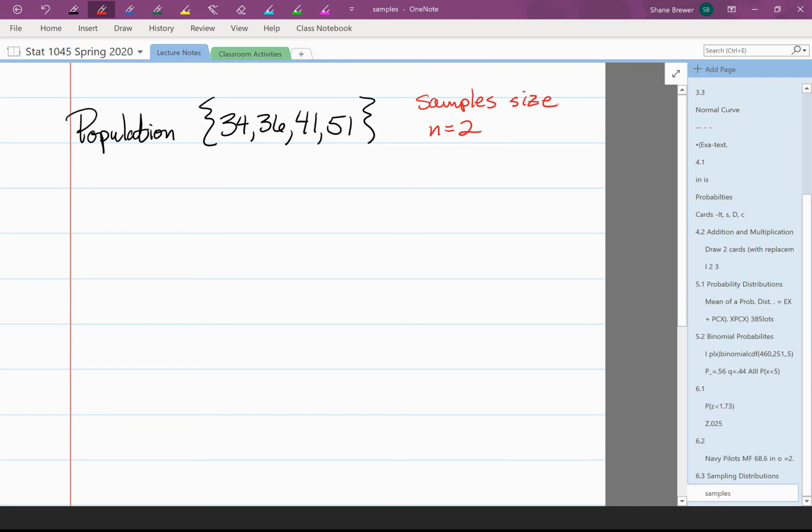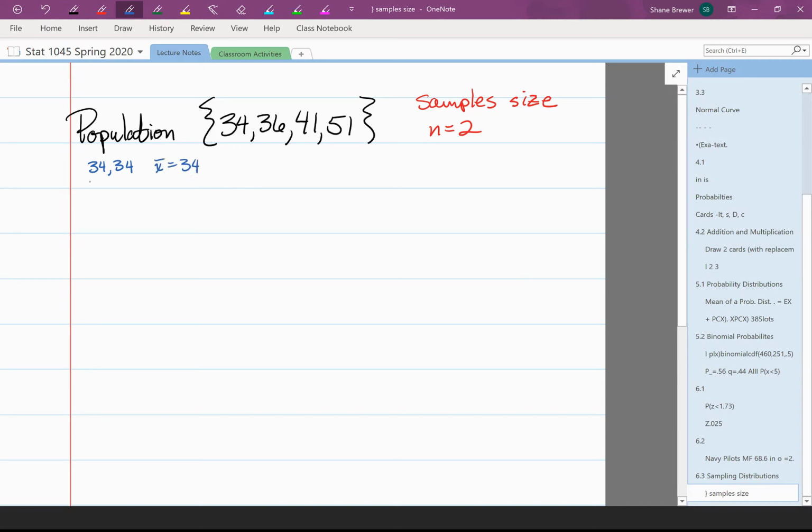Okay, so we're going to take these samples, and then we're going to find the mean of each sample. Now, we're going to do this with replacement. So maybe one time we sample and we get a 34, 34 for a mean of 34.